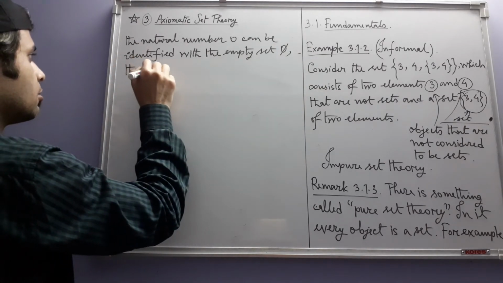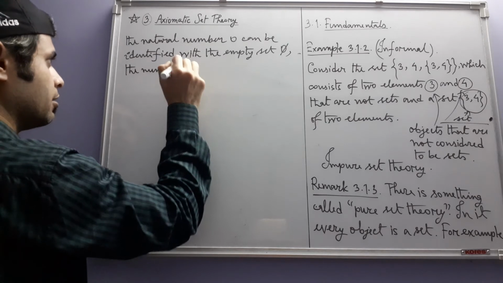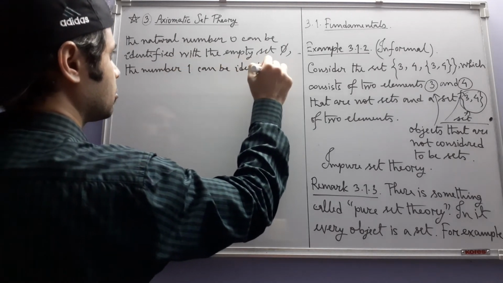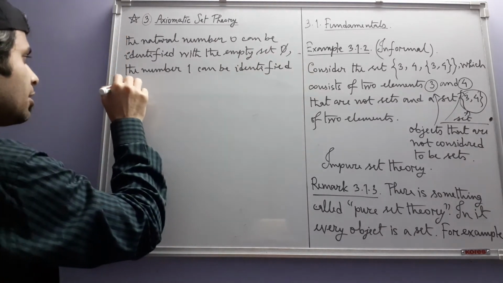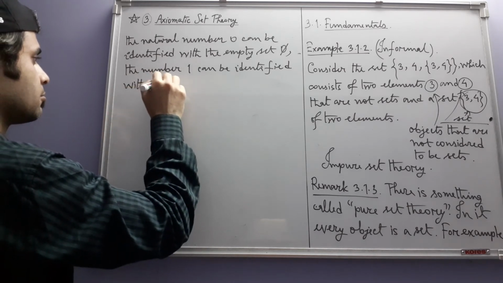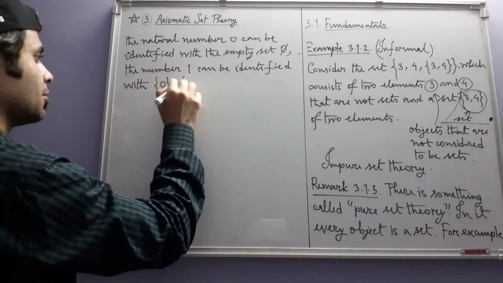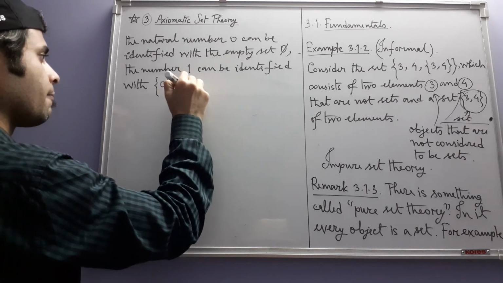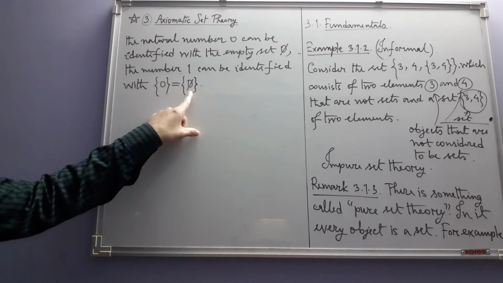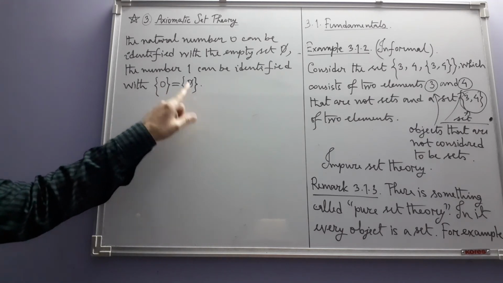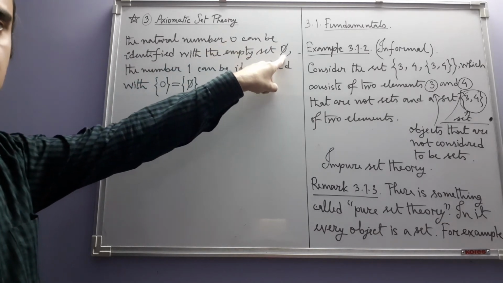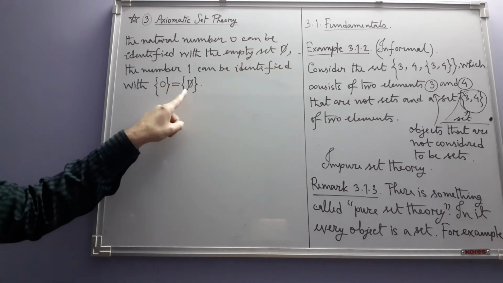The number 1 can be identified with this set, which is nothing but, okay, this equation may seem like it's wrong, but under this identification where I am identifying 0 with the empty set, this is meaningful.